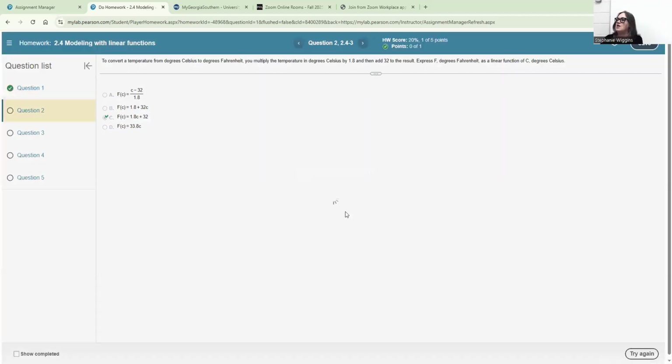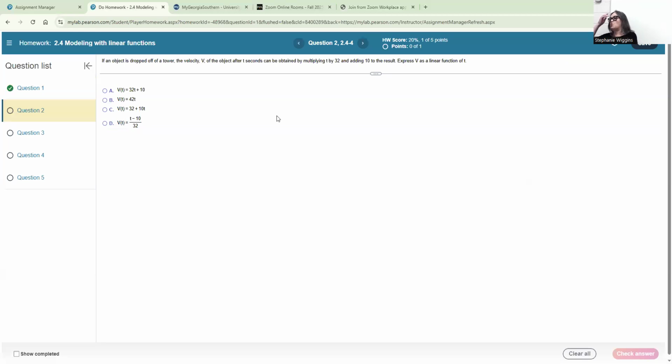All right. So here we have another verbal description. We're looking for a symbolic representation of that. And we have an object that is dropped off of a tower, and the velocity V depends on the time in seconds that the object is falling. So at the point that the object is dropped, T equals 0.